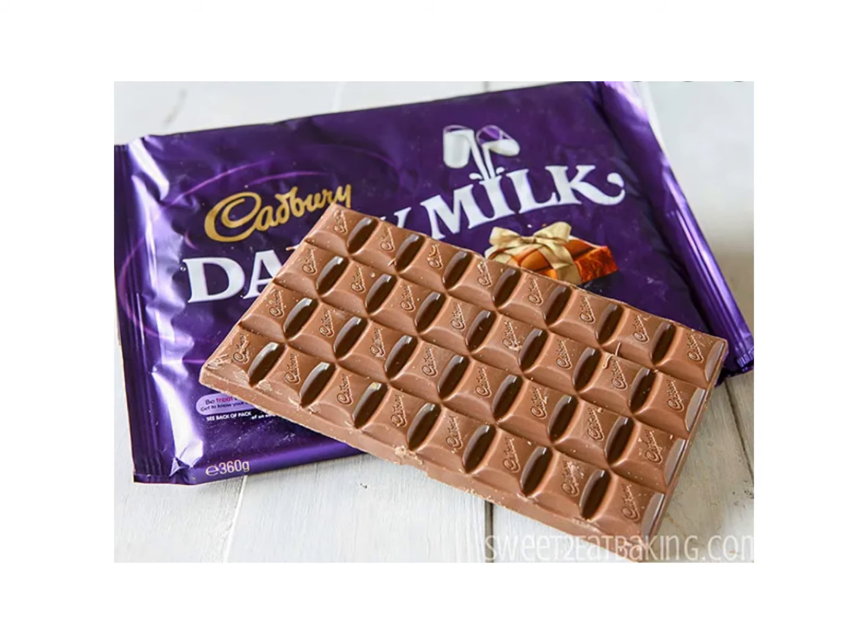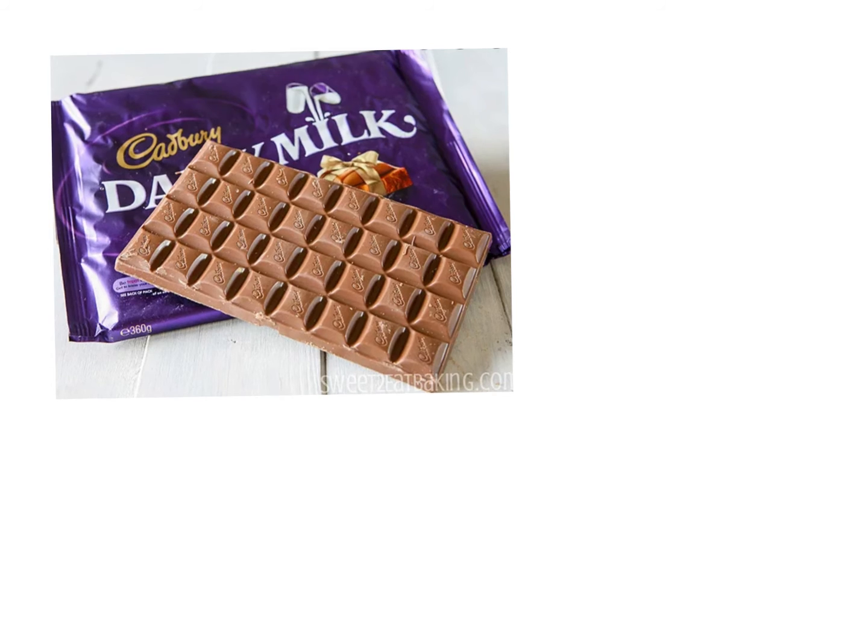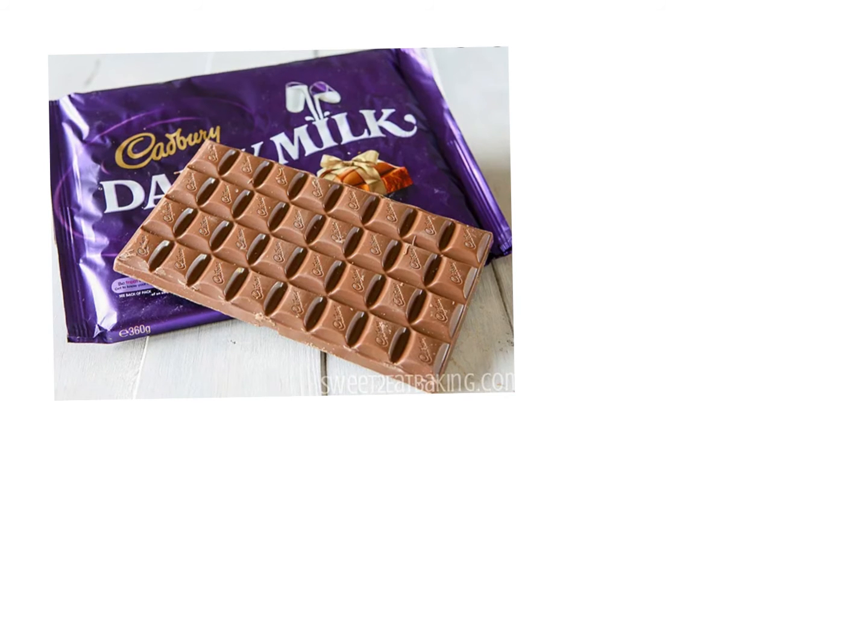So if I were to divide by 4, what would I get? What's 32 divided by 4? So 32 divided by 4 would give me 8. Right? So 8 pieces in each section. So I could break it this way, right here, into 4 parts. Right? I would get 1, 2, 3, 4.